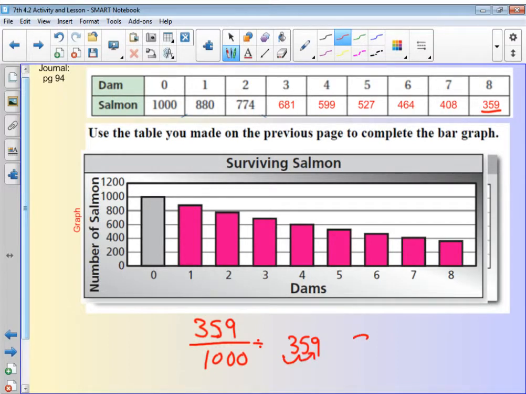It's about 36%. So no, we didn't end up with 88% of the salmon surviving. It was 88% surviving each dam. Over those 8 dams, we only ended up with 36% of those salmon surviving from the first dam through the end of the very last one. That's not a huge survival rate. Now we're going to go ahead and move on.